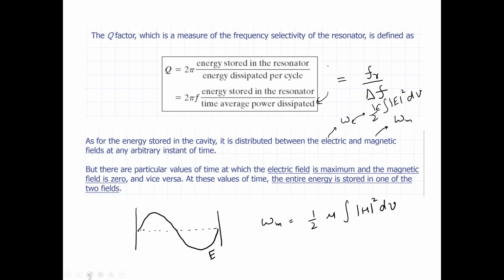The energy stored would be given by the square of that, so it would be slightly thinner than this, and then going up, this would be WE, which is proportional to magnitude of E squared.